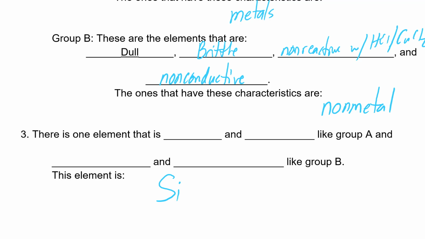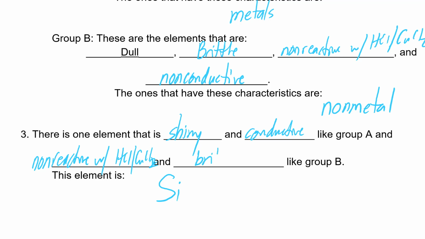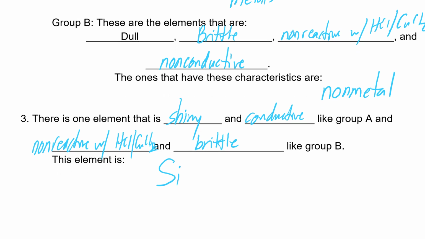We can see that there is one element that is shiny and conductive like group A, and non-reactive with HCl and copper 2 chloride, and brittle like group B. So anytime there's a mix, you call that some other name.